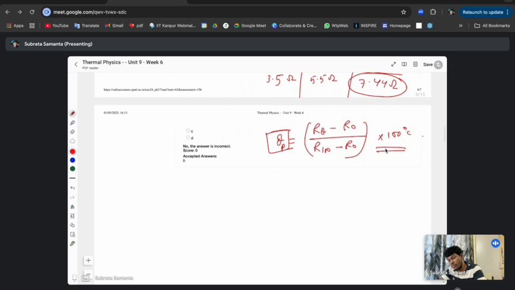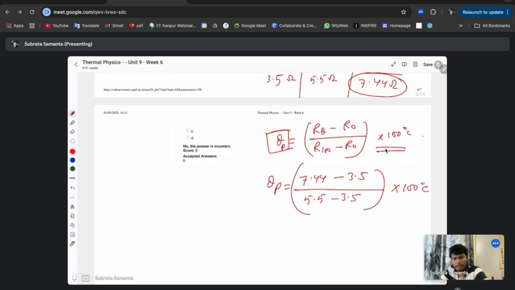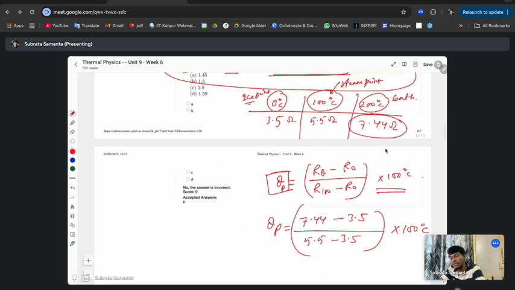So theta p is R theta, 7.44, minus R naught, 3.5, over R100, 5.5, minus 3.5, times 100 degree centigrade, right? R theta is 7.44, but I do not know the bath temperature. Let's say 200 degree centigrade, I do not know.